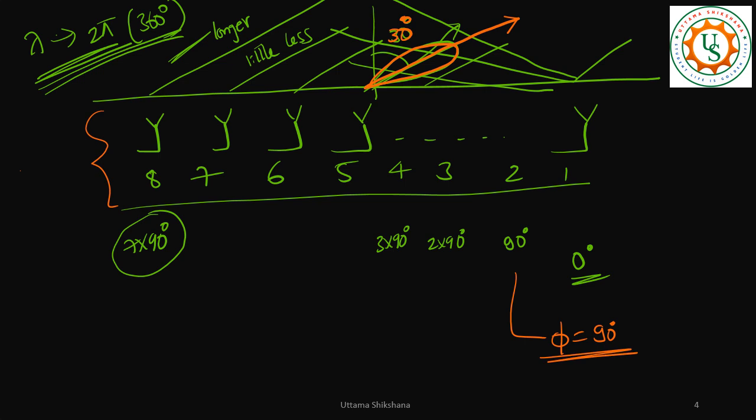But what should be the phase value for the third antenna, fourth antenna, and like that up to the eighth antenna? Let us try to see the answer by taking four antennas as of now. Then you can expand it to multiple antennas very easily.